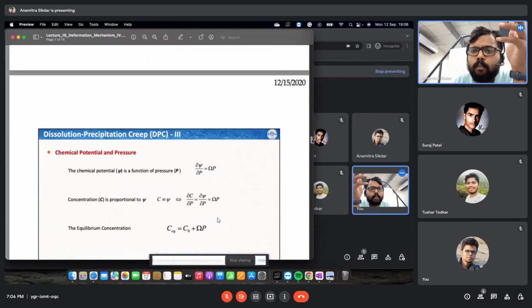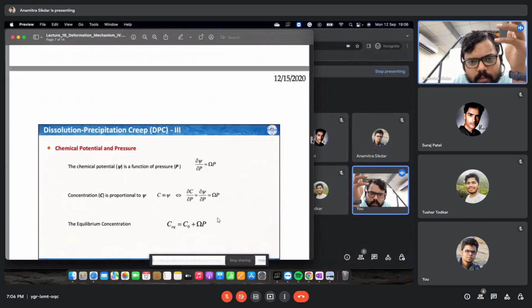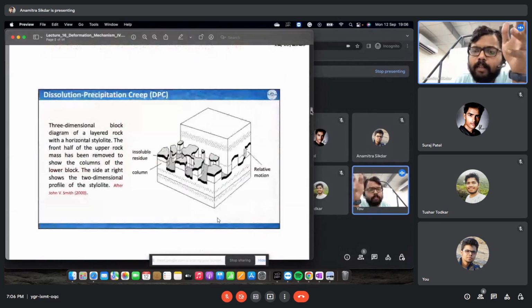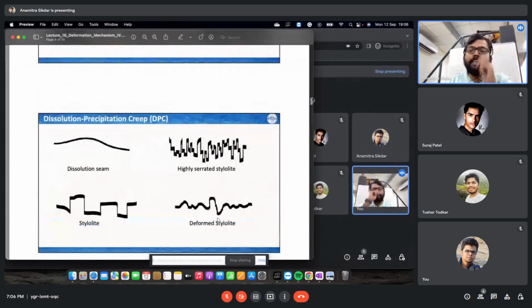And when that is a tensile state, the concentration will be less than the equilibrium concentration, so it travels to the tensile part and gets precipitated there. This is how dissolution precipitation creep works.